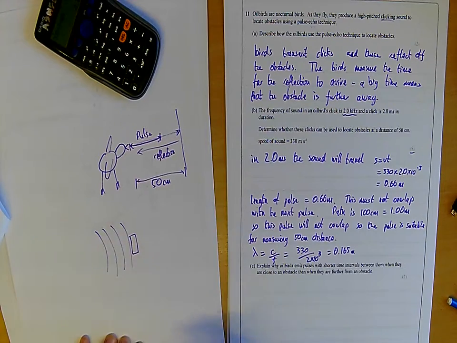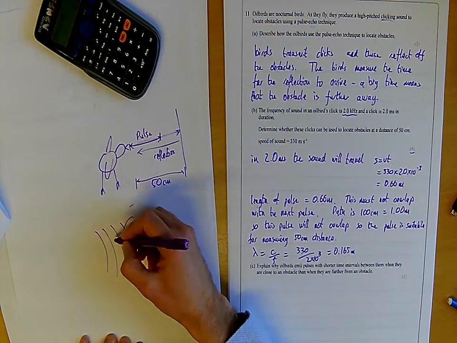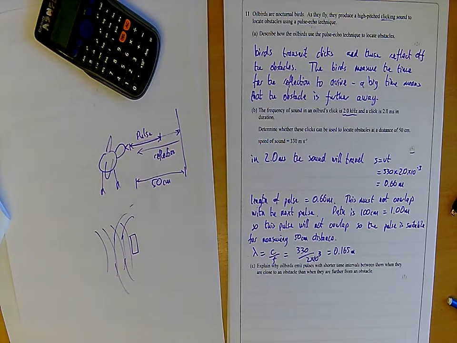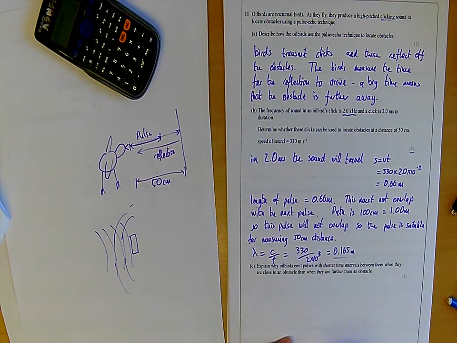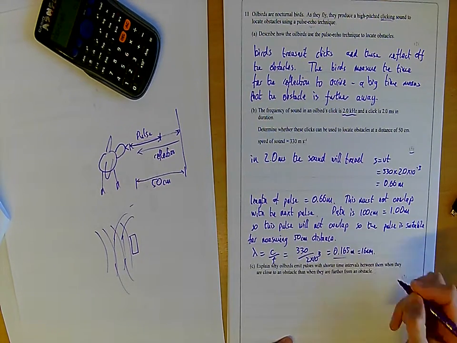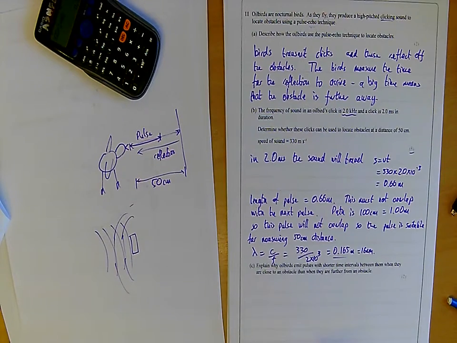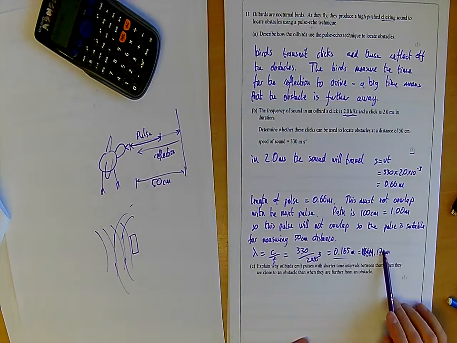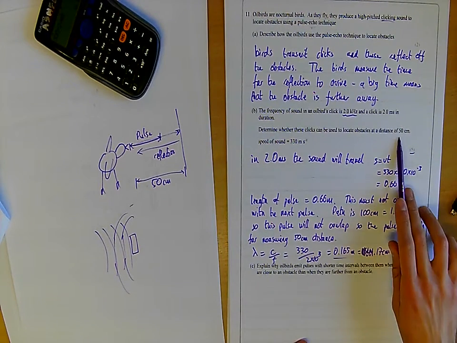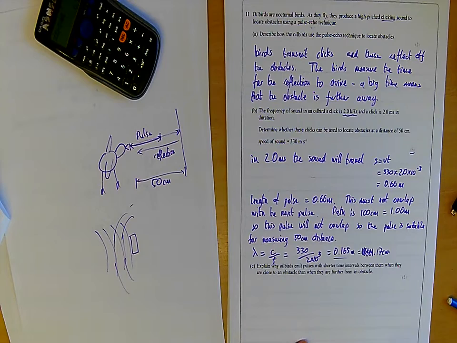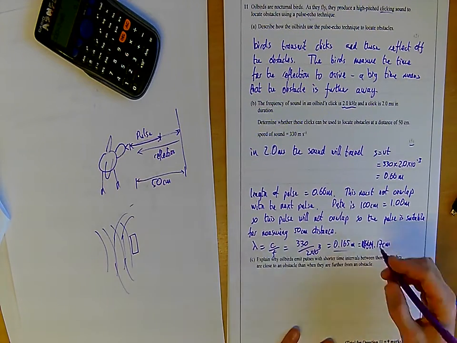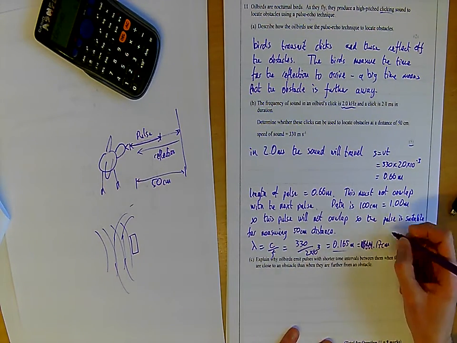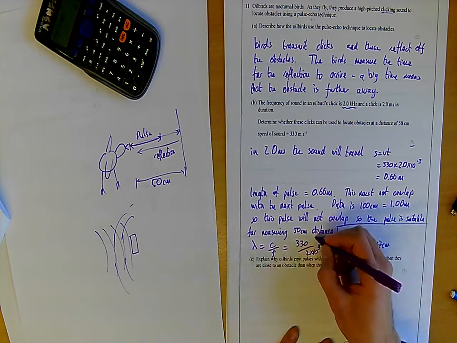If you're sending waves at an object which is about the same size as the wavelength, then you get a lot of diffraction of the wave on the way back, so it becomes very spread out. So the diffraction limit is one wavelength. So this is fine because 16 centimetres, that's 16 centimetres. 16 centimetres is fine. 17 centimetres is fine because that distance is much smaller than this distance again. So there's no limit to the resolution of the bird's clicking.